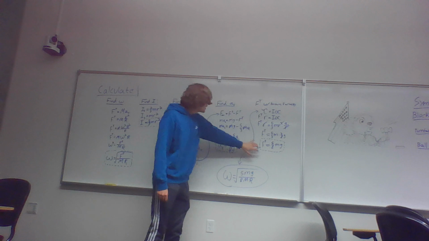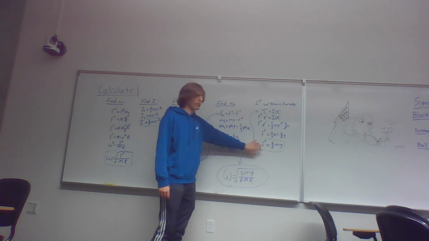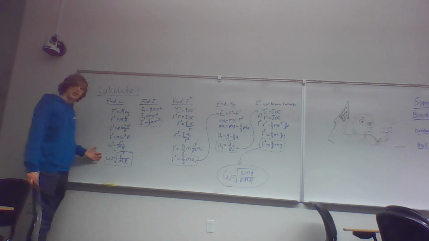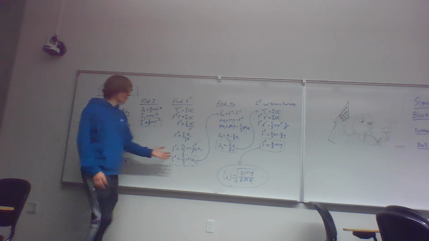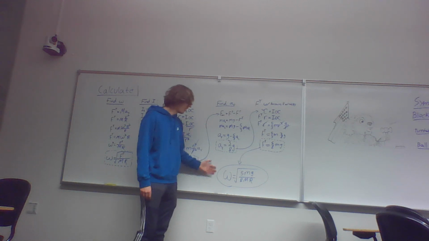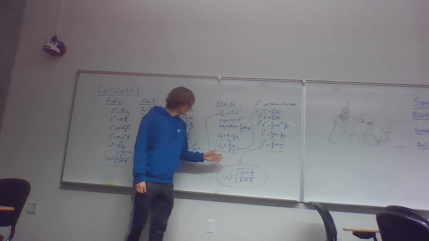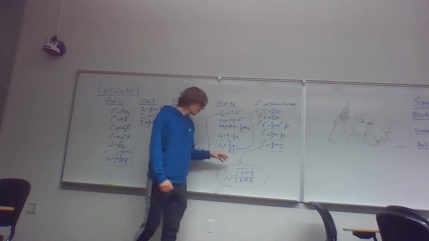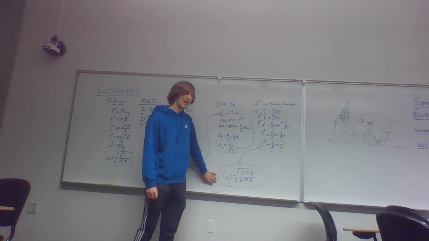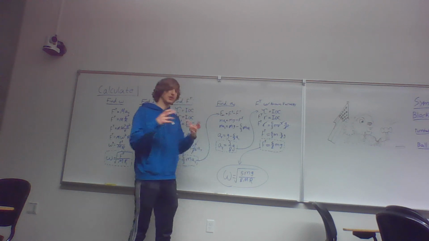So then we can finally take this force of tension that we solved for with known quantities and plug it back into our initial equation of angular speed, and that gives us angular speed of the turntable equals the square root of 5 times mass of the ball times gravity over 8 times mass of the block times the radius of the turntable.